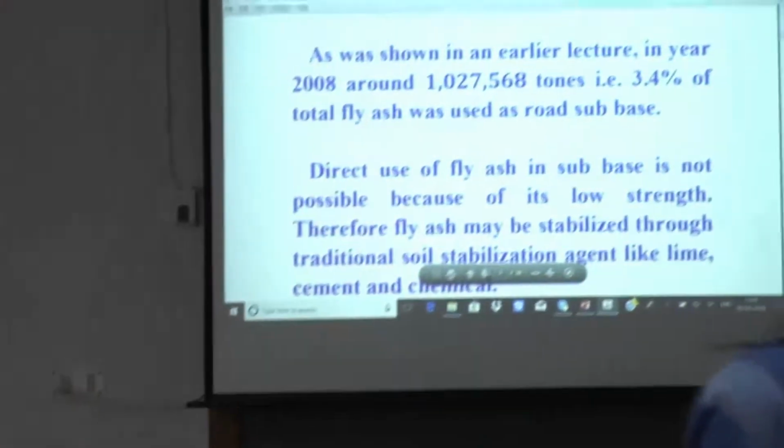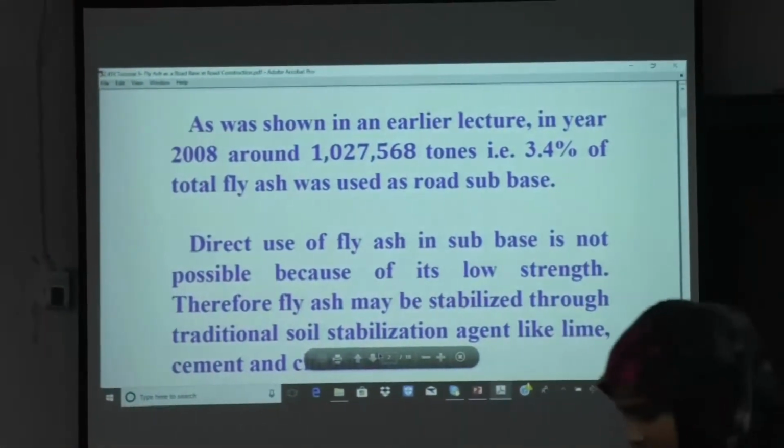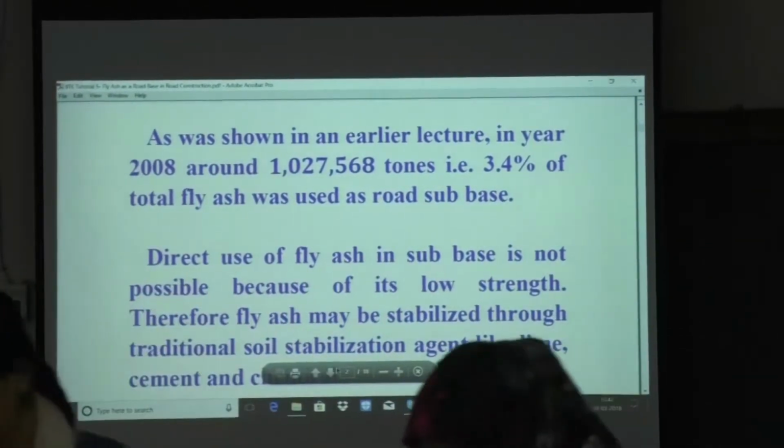Now, as shown in an earlier lecture, even about 10 years ago, more than 1 million tons of fly ash, that is 3.4% of the total fly ash, was used as road subbase. Somehow the direct use of fly ash is not possible because of its low strength.